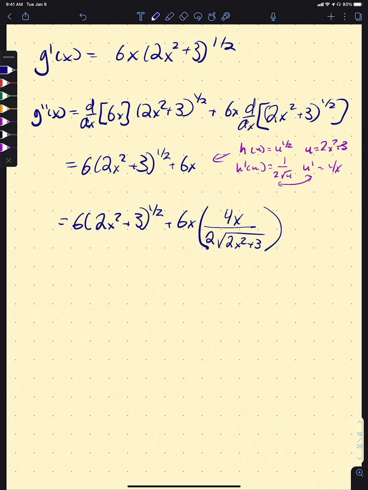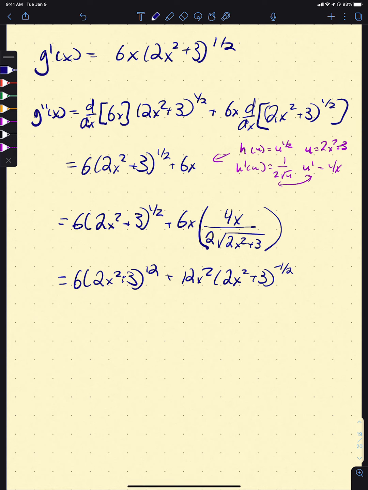And now we need to clean things up a little bit and see if anything factors, okay? So here's how I'm going to actually write this. My left-hand one can stay the same, but I'm going to write the other one as 12x squared times (2x squared plus 3) to the minus 1/2, right?